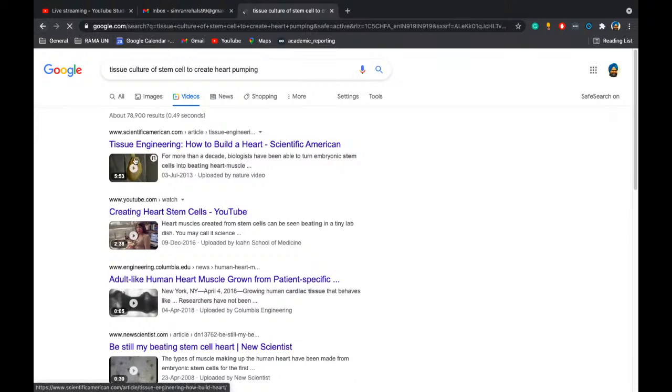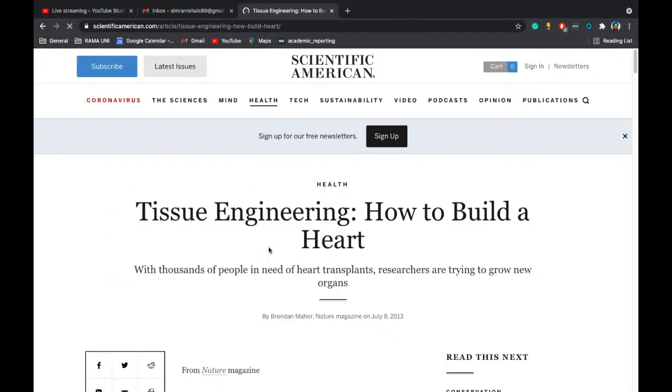Yeah, this one. Scientific American. So they have created these organs.